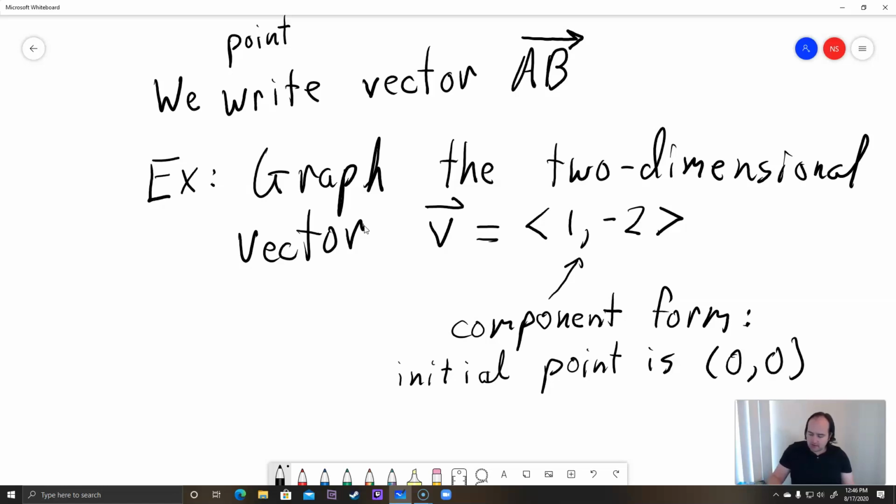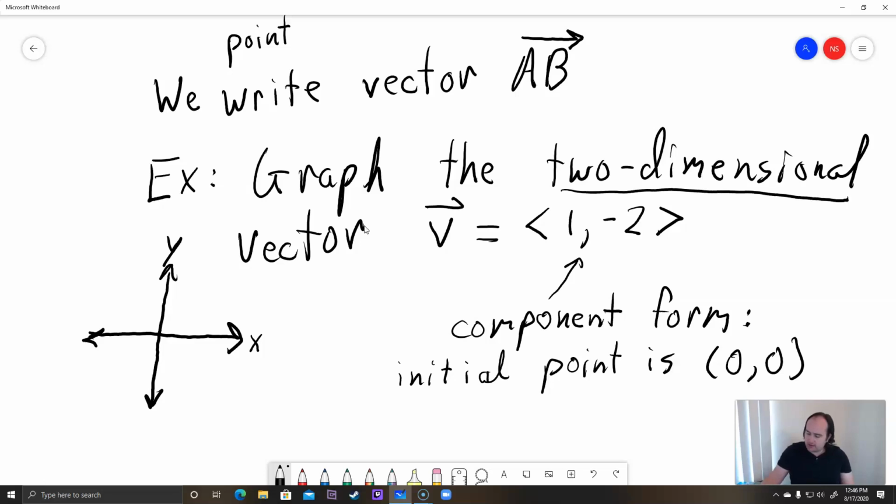So what's the graph going to look like? Well, I'm not so great at graphing on here, but I think we can get the basic idea down. You draw your x and your y axis because it's two-dimensional. So there's your x-axis, there's your y-axis. And remember, two-dimensional means x and y.